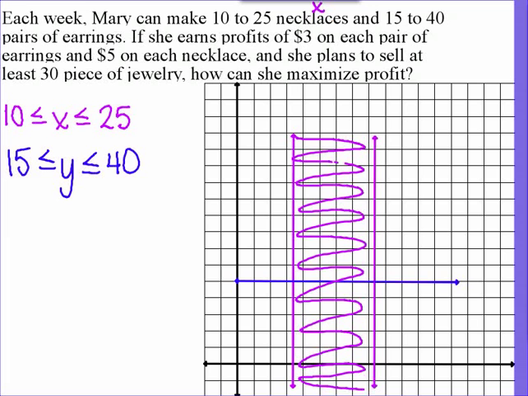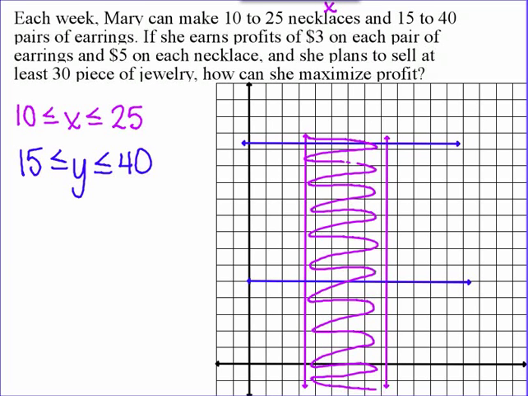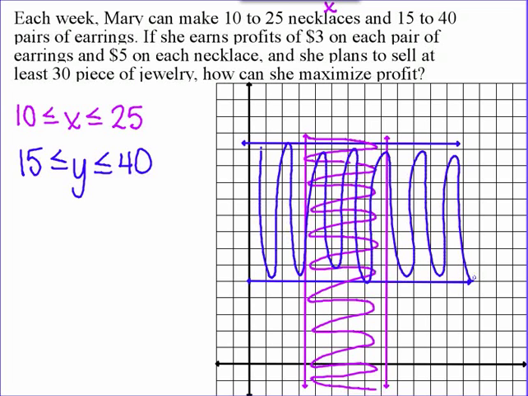And then 40 is going to be roughly about 13 1/3. And so we're going to shade in between there. So right now you should have a rectangle that's shaded in common.